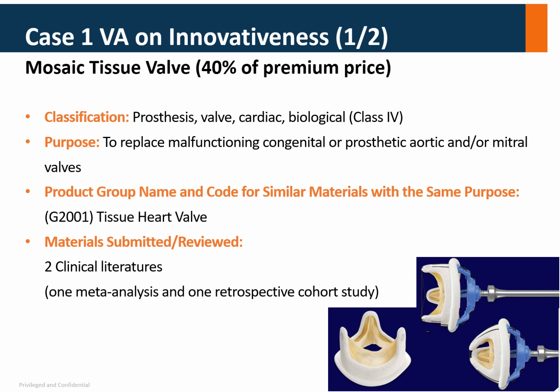There were 10 items listed in the tissue heart valve group at that time with MRP of about $2,160. In order to be listed with premium price applied, a VA application was made with 2 clinical literatures submitted. One of them was a meta-analysis, and another one was a retrospective cohort study, which are regarded as high level of clinical literature quality in evaluation.